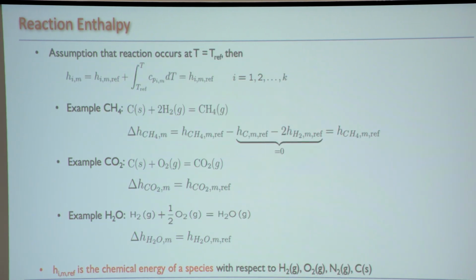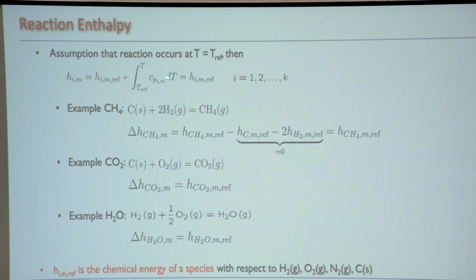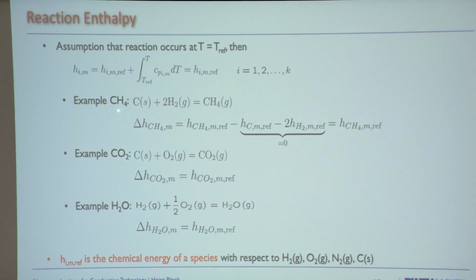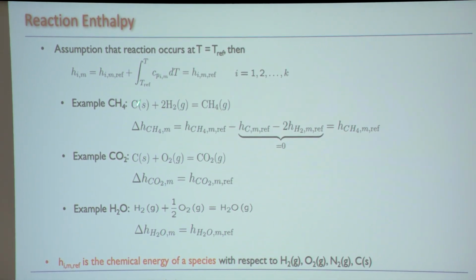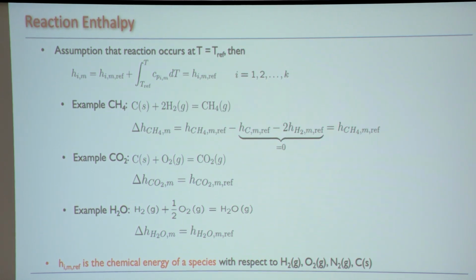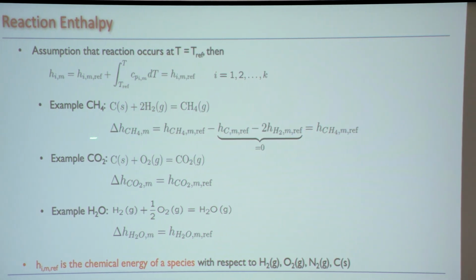So, how do I measure the reference enthalpy of a species? As I said, we look at it like a Lego system. I do a reaction here. For example, I want to know the reference enthalpy for CH4. Then I take pure carbon and 2H2. I convert them to CH4, and then I measure the change in enthalpy.